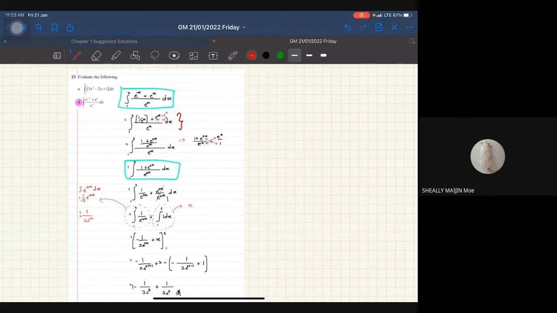Okay, maksudnya dekat atas ni, sorry, this one over here, dia ada e power of negative x. So bila kita ada negative power, kita akan dapat 1 over. So we get 1 over e power of x. Macam tu. Okay. And then kita ada tambah e power of x over with denominator kita. E power of x. Okay.